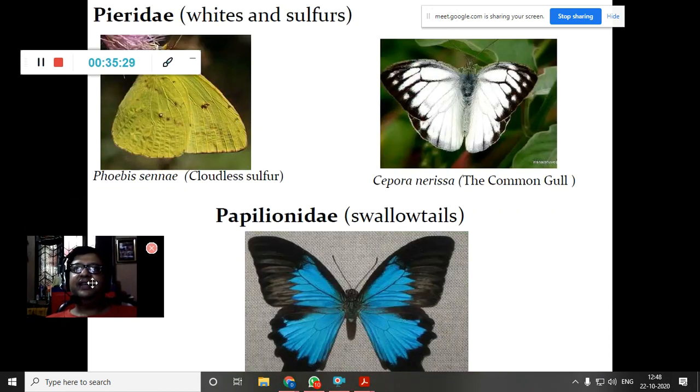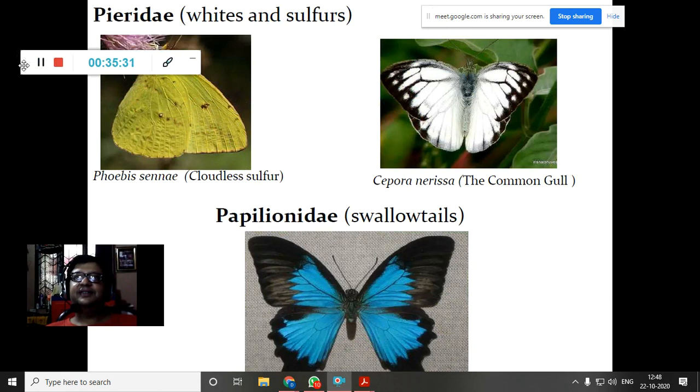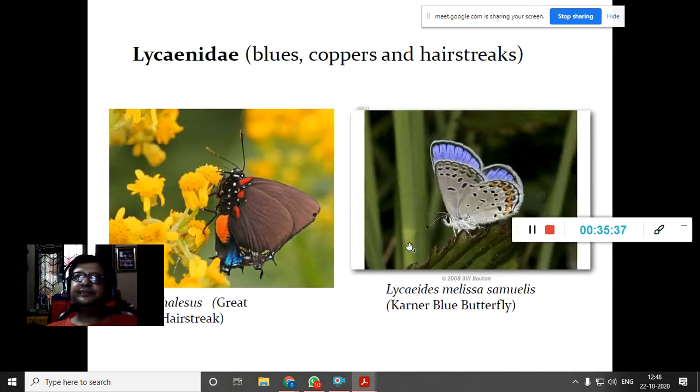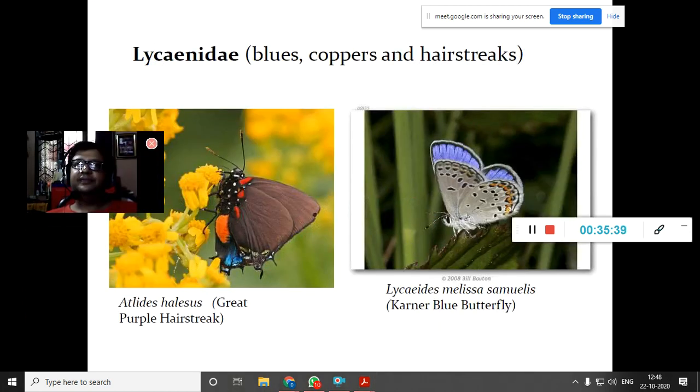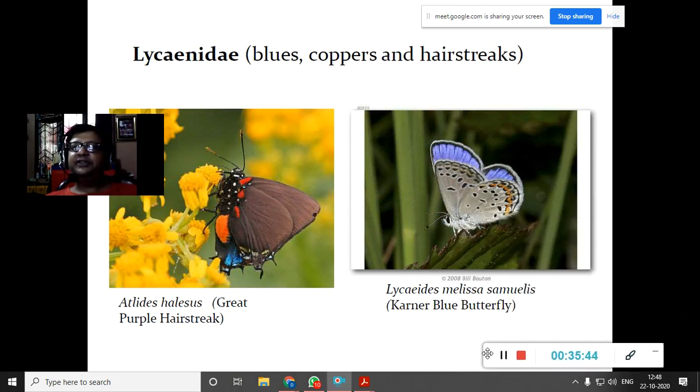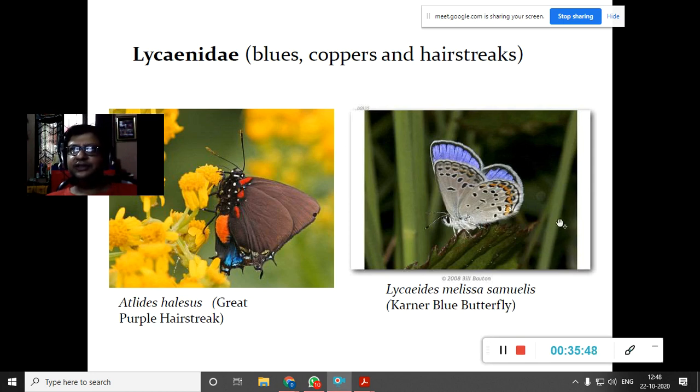Different other butterflies you can find. The swallowtails, the common gull, the purple hairstreak. I remember we took some pictures of butterflies during our excursion in Sundarbans.